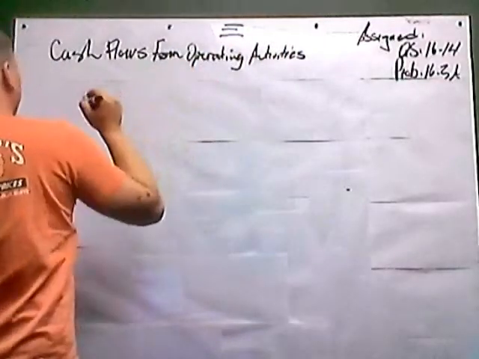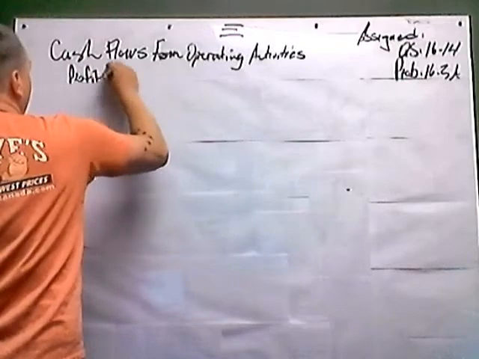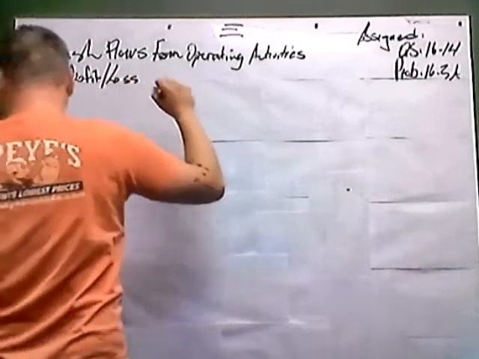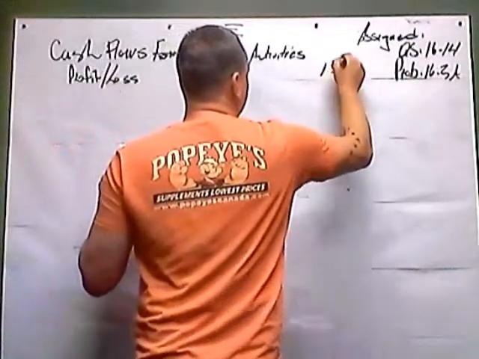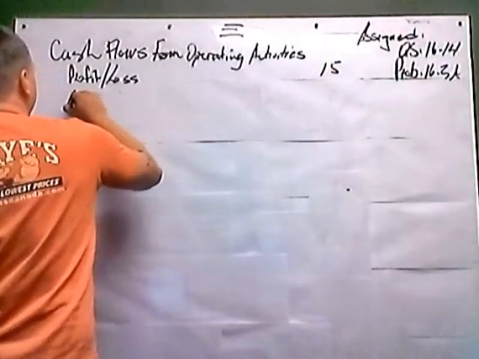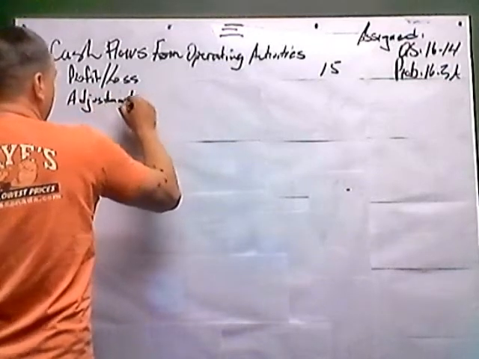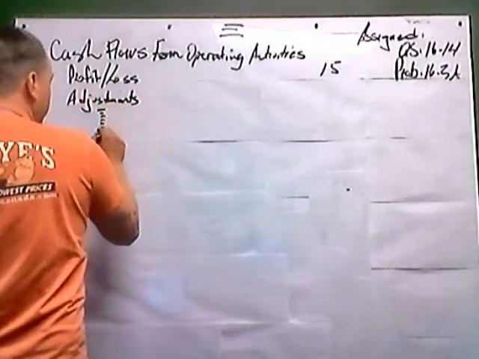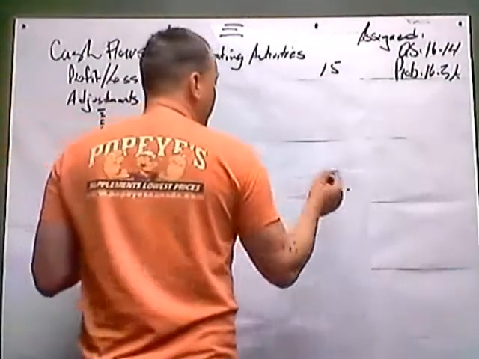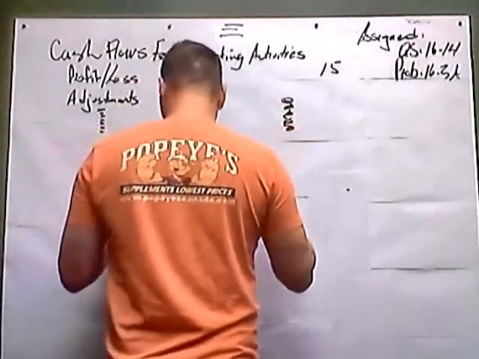You'll always start with your profit or loss, in this case, then you have your various adjustments. We've done all the adjustments, so we add those up, and you flow through.